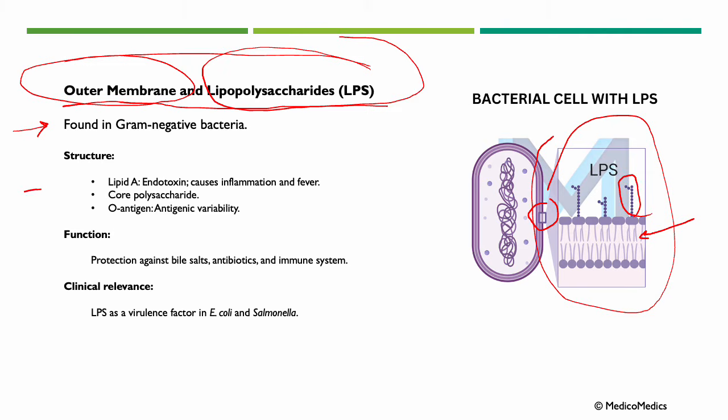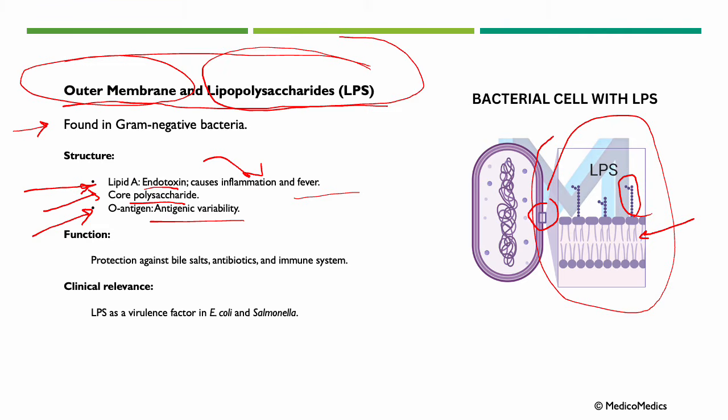Now, the structure is lipid A, which, if you remember, was an endotoxin, causes inflammation and fever. It has a core polysaccharide, an O antigen, so it has antigenic variability.